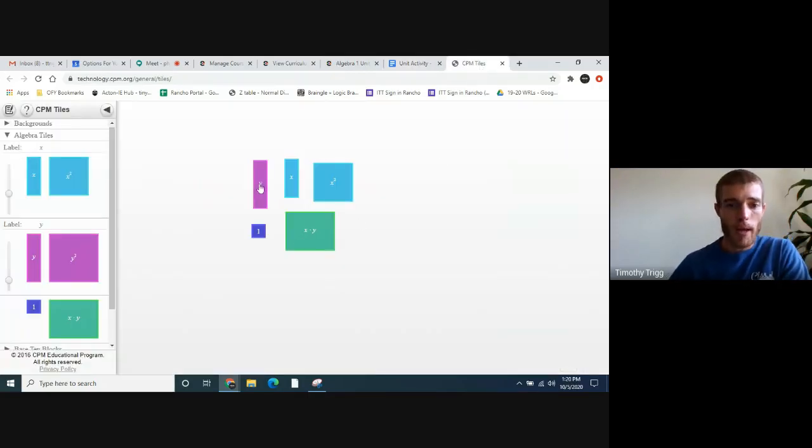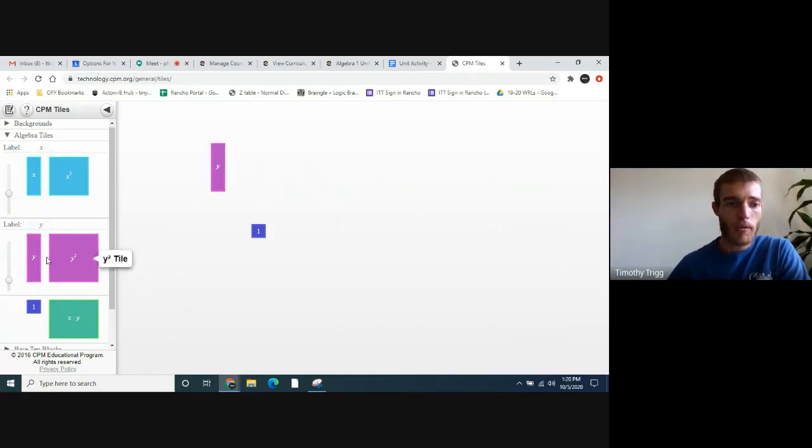So we want 4 y's, so I'm going to put 4 y's together. And then it says minus 3. So we're going to do 3 unit tiles. But since it's minus 3, each of these turn negative. Just like that. So this represents 4y minus 3.